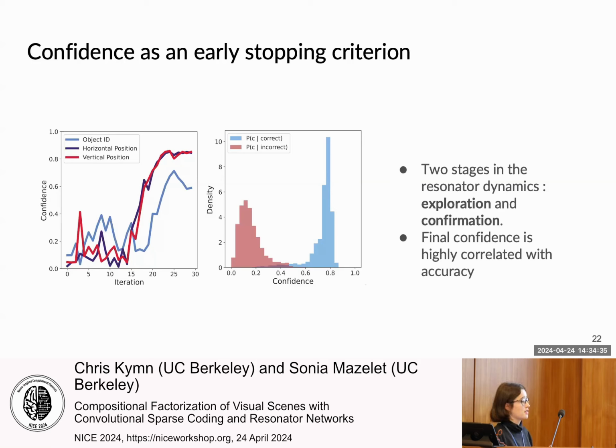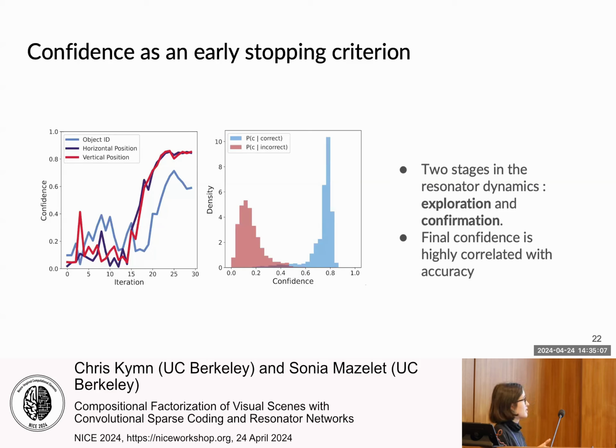So we used this confidence metric to perform early stopping on the resonator. On the resonator dynamics, there are two different phases. There is an exploration stage, which is the beginning here, where the confidence levels are random. At some point, the resonator lands on the right solution and converges to the fixed point of the dynamics. We observe that when the confidence crosses a certain threshold, it will converge to the right solution with high probability.